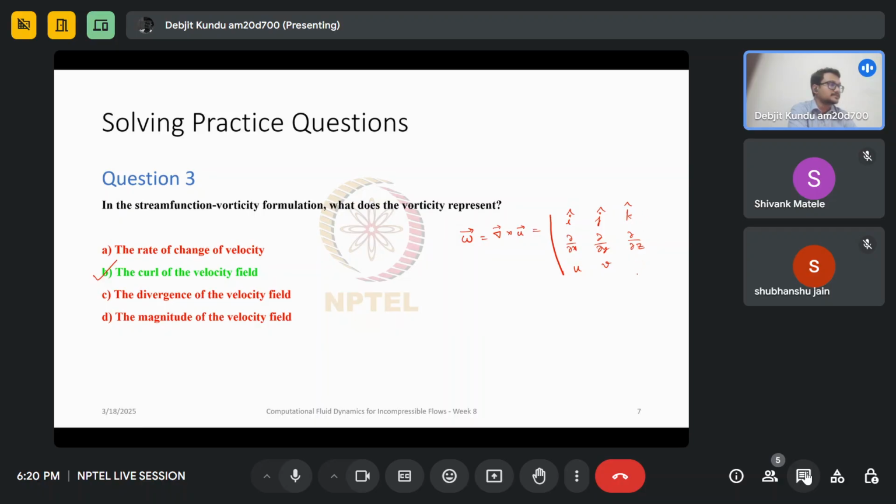Okay, I should make a distinction between w and omega clearly. So in 2D, we only have one component, that is the omega z, which we simply call omega. We drop the z, and it becomes dou v dou x minus dou u dou y.